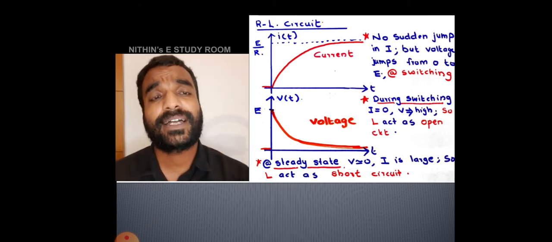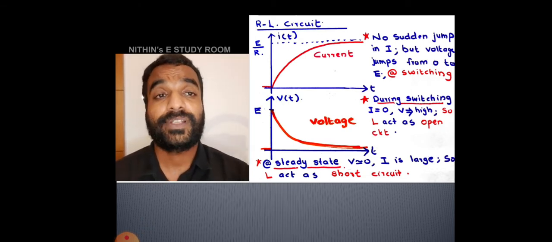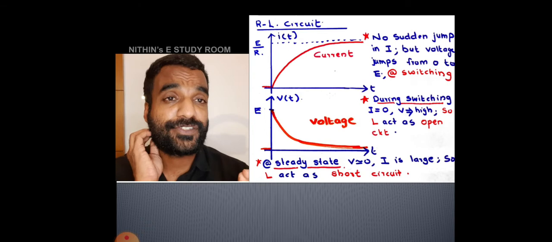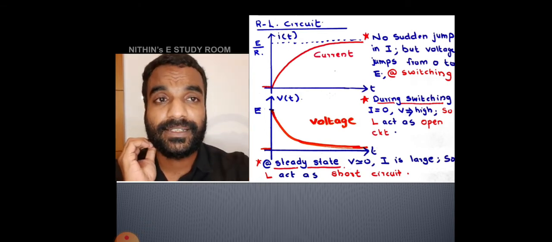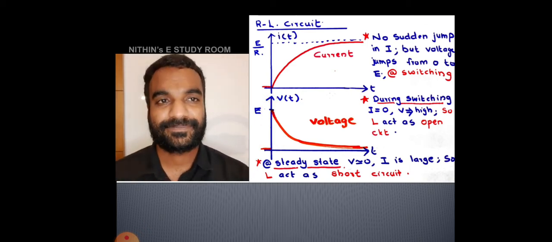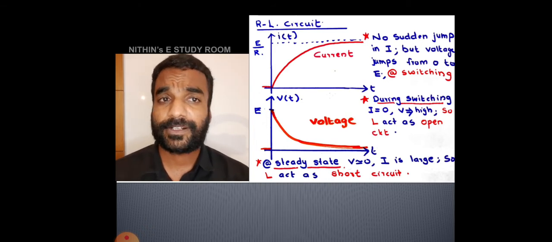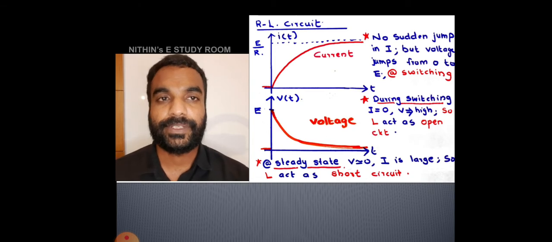How will you get that? The voltage value at time equal to 0 is a very high value, that is E. In the figure you can see it is E. From where will you get that? You have to put t equal to 0 in our voltage equation. Please refer video number 15 if you are not aware of this.